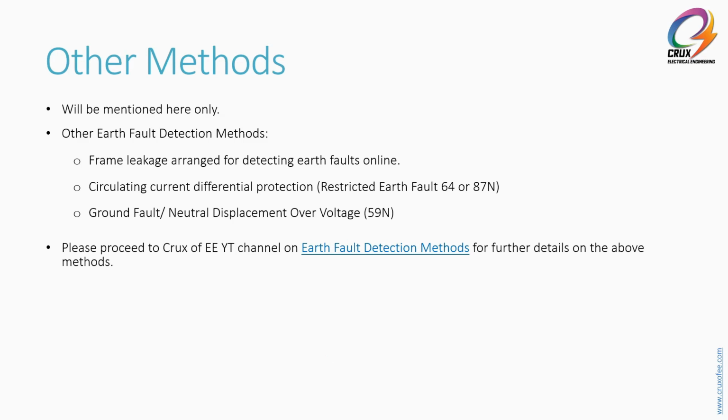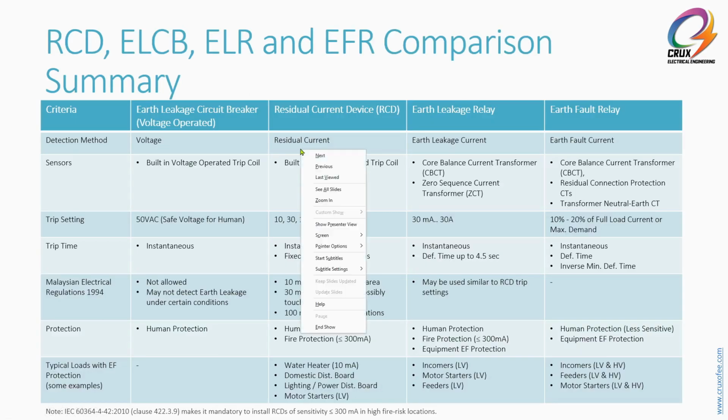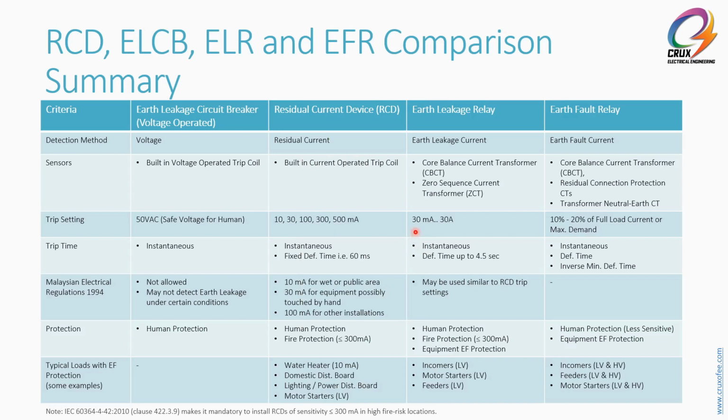Okay, pretty much those are the typical methods used for fault detection. If you can see here, I've put in a summary table of the differences and the commonality between ELCB, voltage operated type, residual current device RCD, ELR, earth leakage relay, and also earth fault relay, EFR.